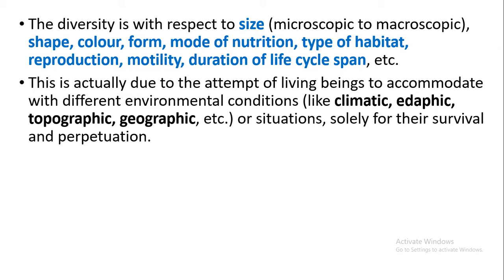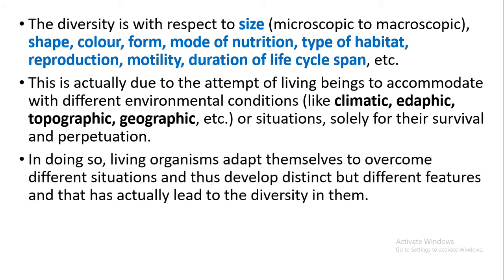And due to difference in the region, in the natural habitat, there is going to be a variety of living organisms also. As different environments are present, the organisms are able to adapt themselves accordingly, so that they can survive and reproduce. And this is how the continuity of the living organisms is maintained.